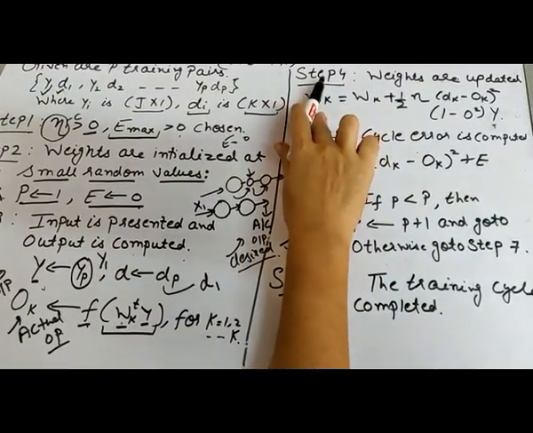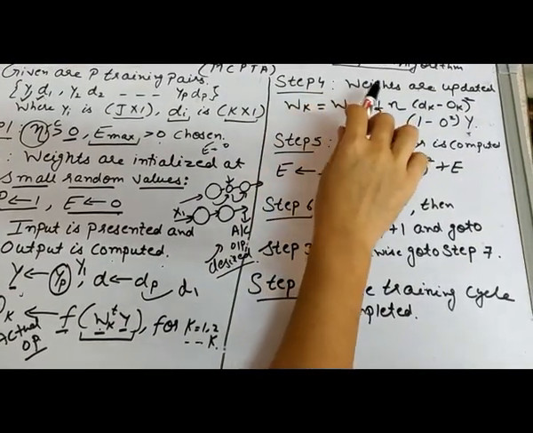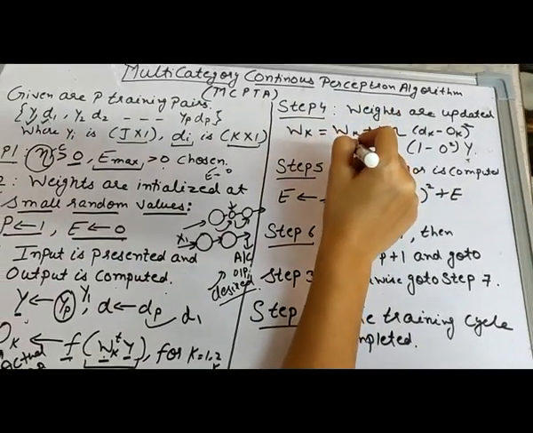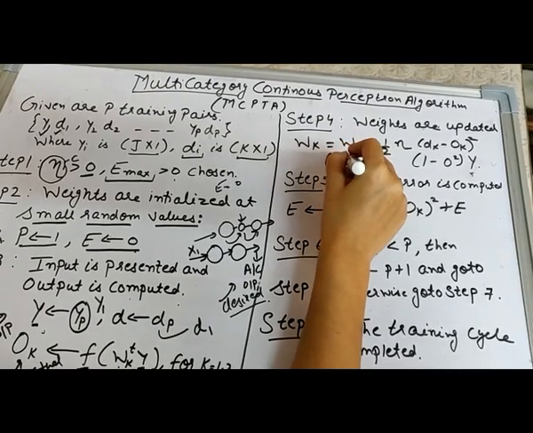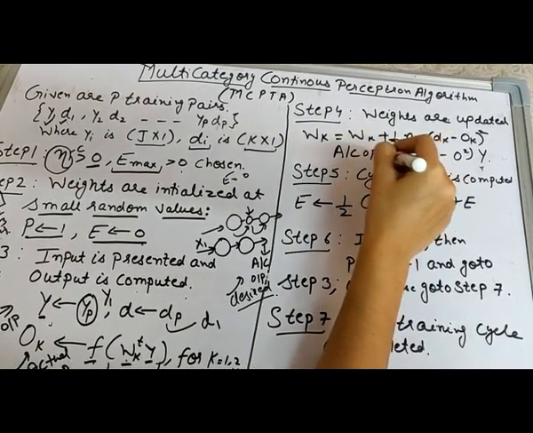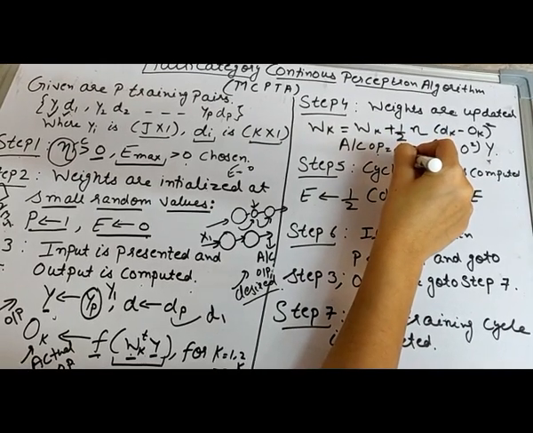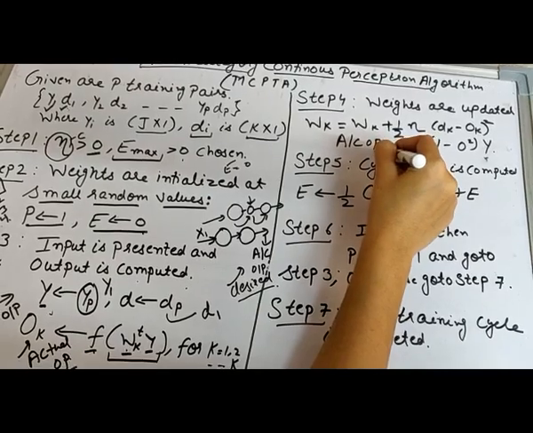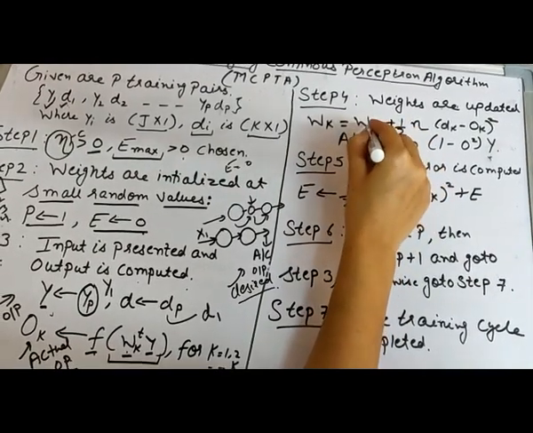Then in step number 4, weights are updated. Based on the previous values, you have to find out whether your actual output is equal to the desired output or not. If it is equal, then there is no need of weight updation. But if both are not equal, then you have to update the weights.